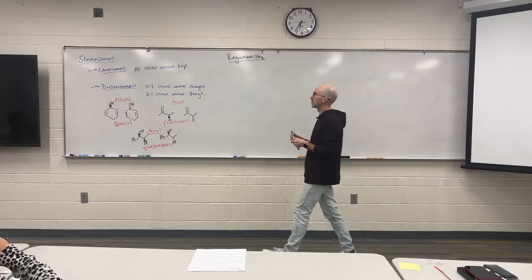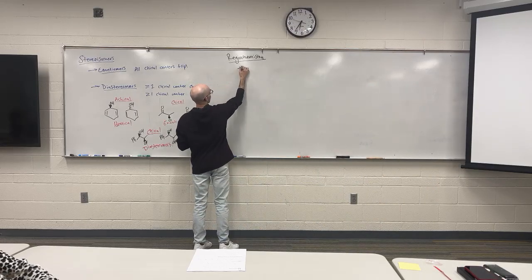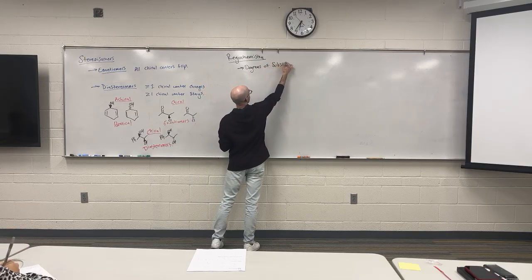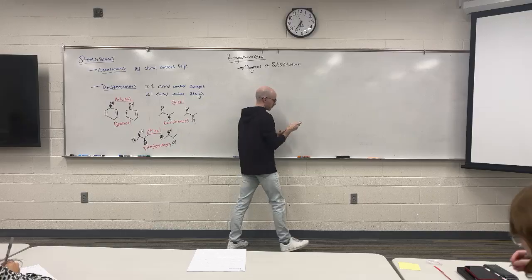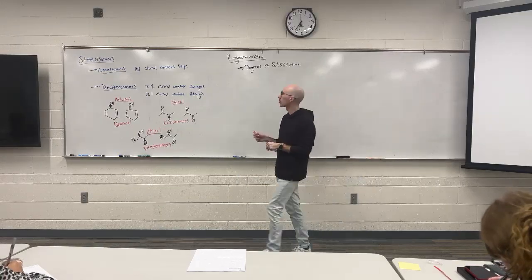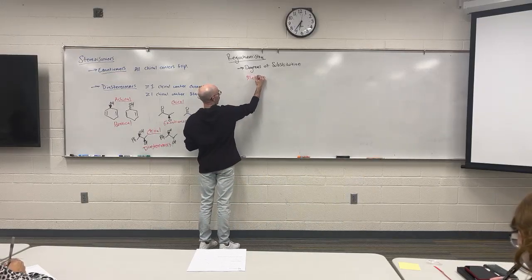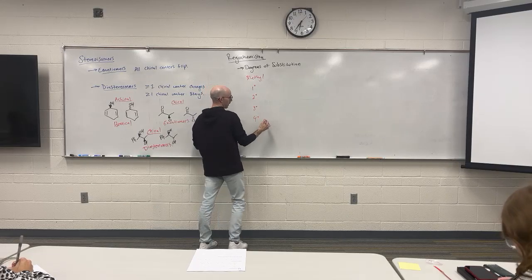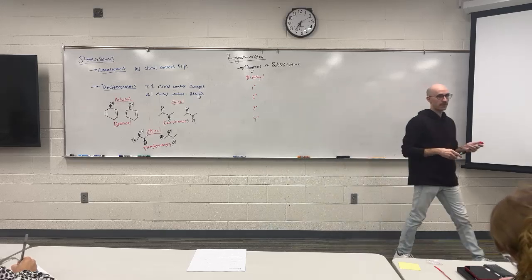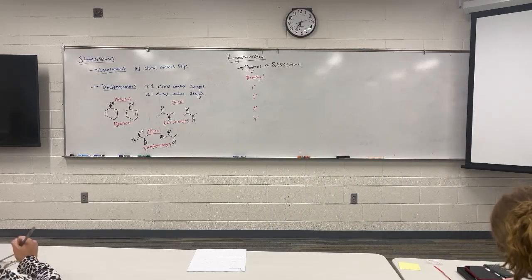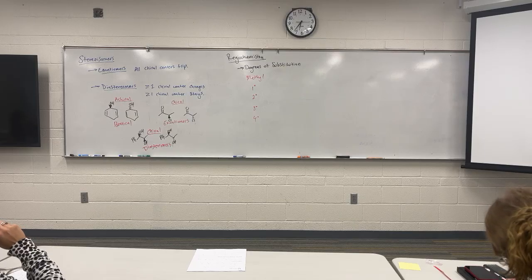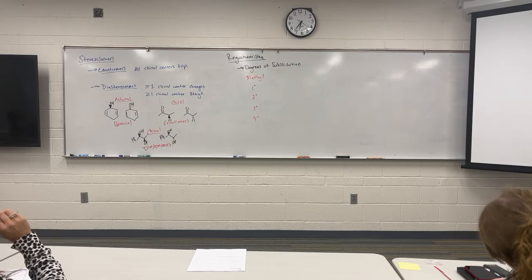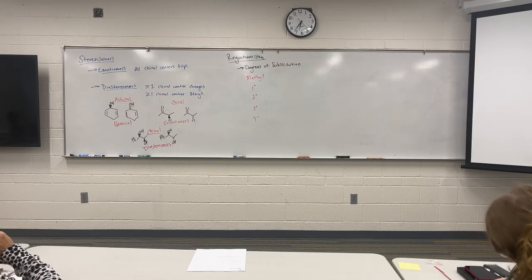Some other ideas that we talk about with regiochemistry is degrees of substitution. This is where we refer to carbons as being methyl carbons, primary, secondary, tertiary, and quaternary. Now you can refer to a carbon by any of these terms, but you can also describe a functional group by the degree of substitution of the carbon it's attached to.